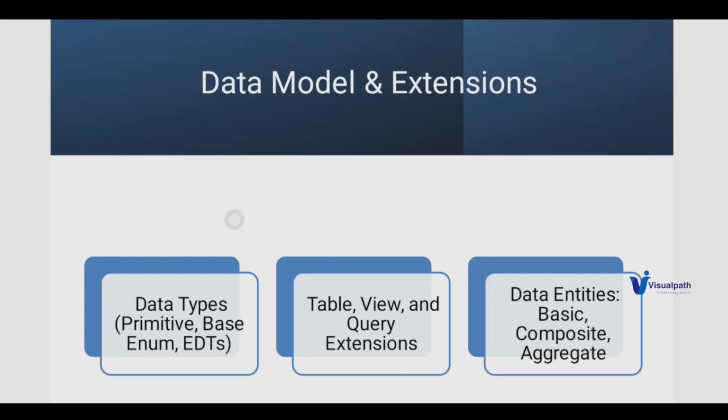Now here come the different data types in the ERP. There are two more data types you can see, base enums and EDTs. Base enums are nothing but enums. Maybe you are aware of enums if you have worked on any technology.